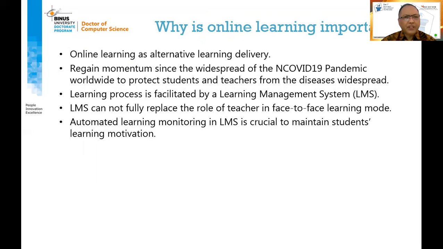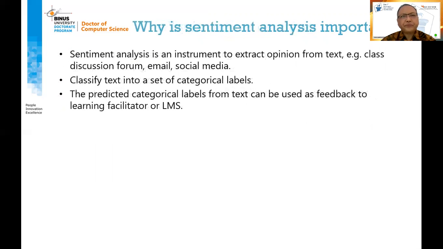The learning process in online learning is facilitated by a learning management system. And LMS cannot fully replace the role of teachers in face-to-face learning mode. So, automatic learning monitoring in LMS is very crucial to maintain students' learning motivation.